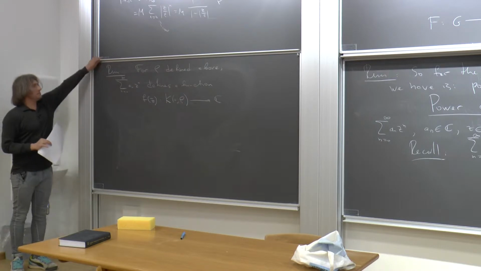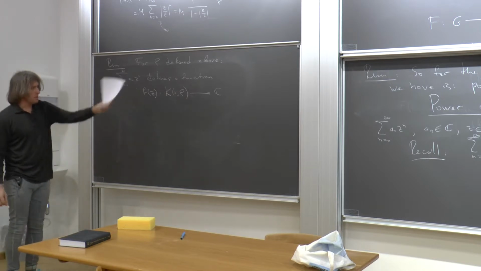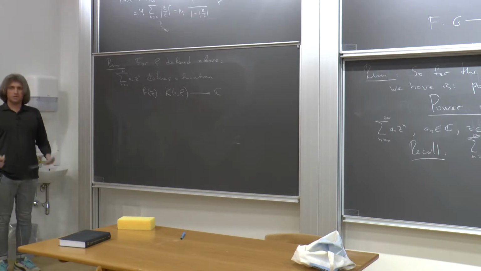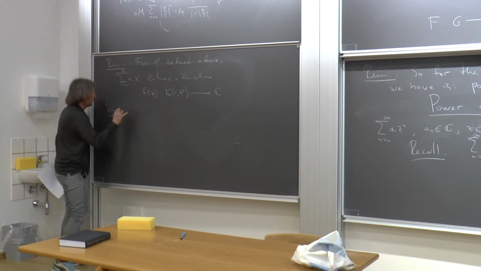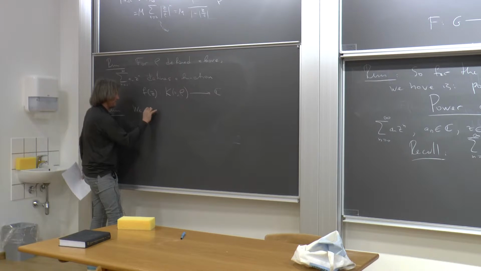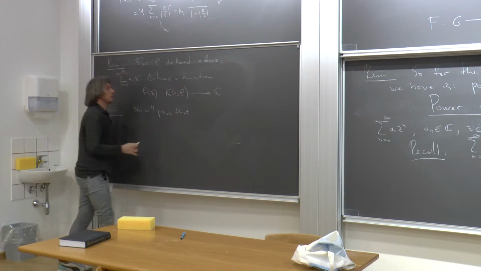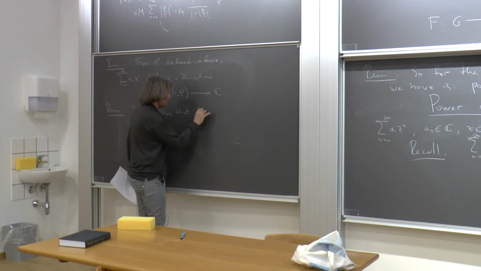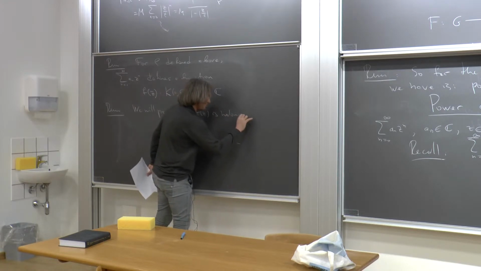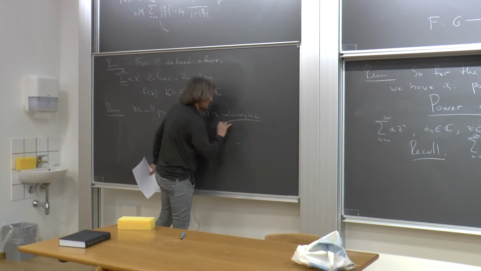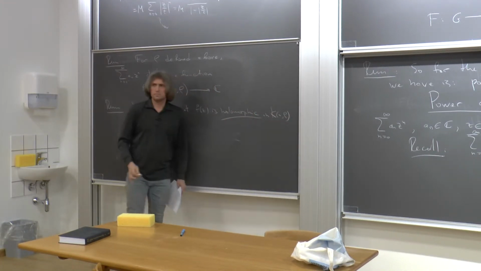So since we're asking the question, which was the remark there, we need a supply of holomorphic functions. So the remark is that in a little while we will prove that f of z is holomorphic in its disk of convergence.